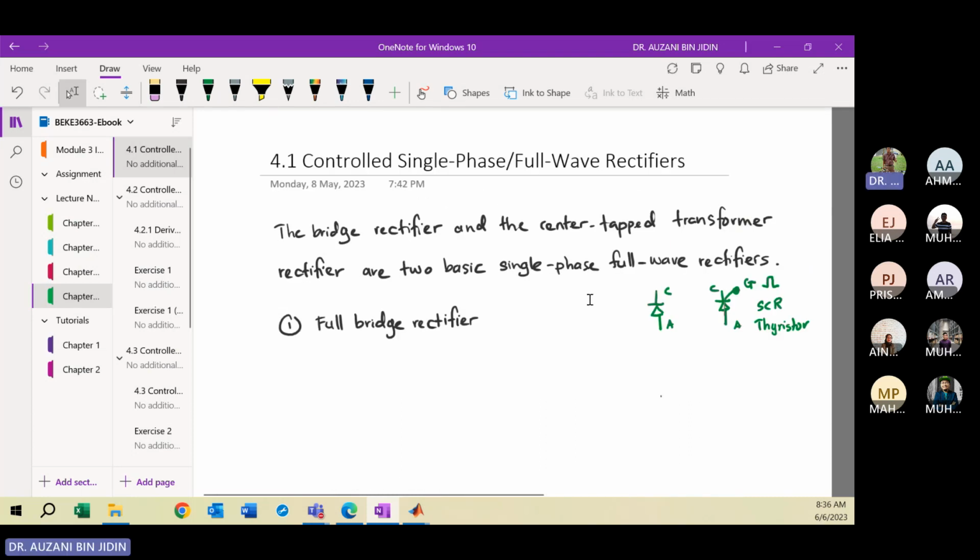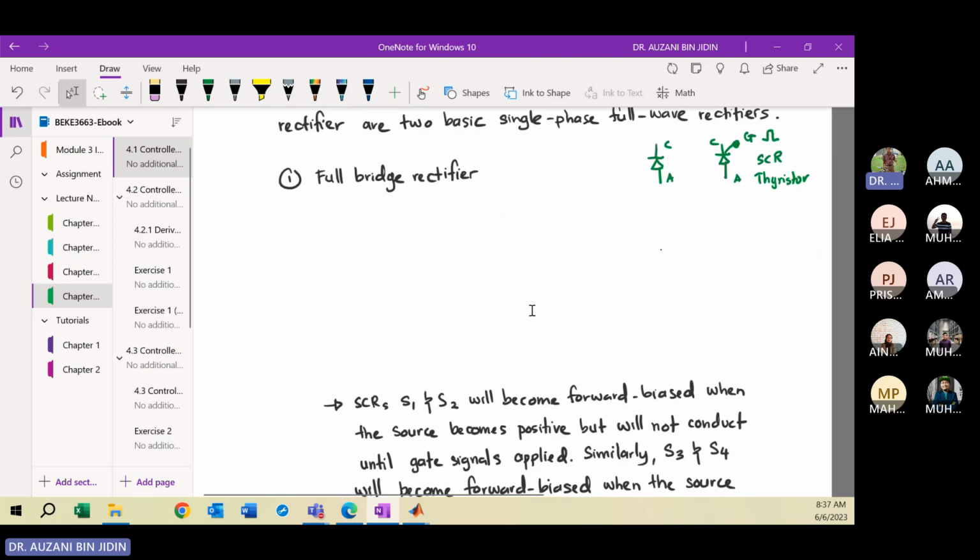Okay, so let's start for this week and this class, single phase first. We can divide the single phase circuit into two. The first uses the full bridge. Here in the full bridge, you have 4 thyristors, because we concentrate on the controlled rectifier.